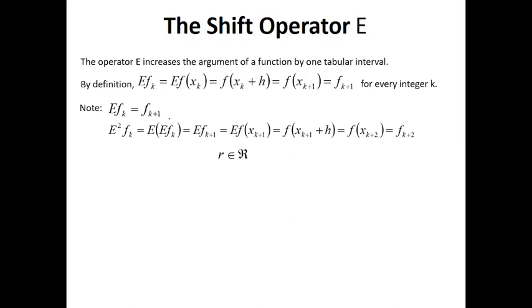And ano yung E f sub k? That is f sub k plus 1, di ba? By definition, ito yun. So, E of f sub k plus 1, ang interpretation niyan, f sub k plus 1 ay f of x sub k plus 1 na na-derive ko kanina, no?